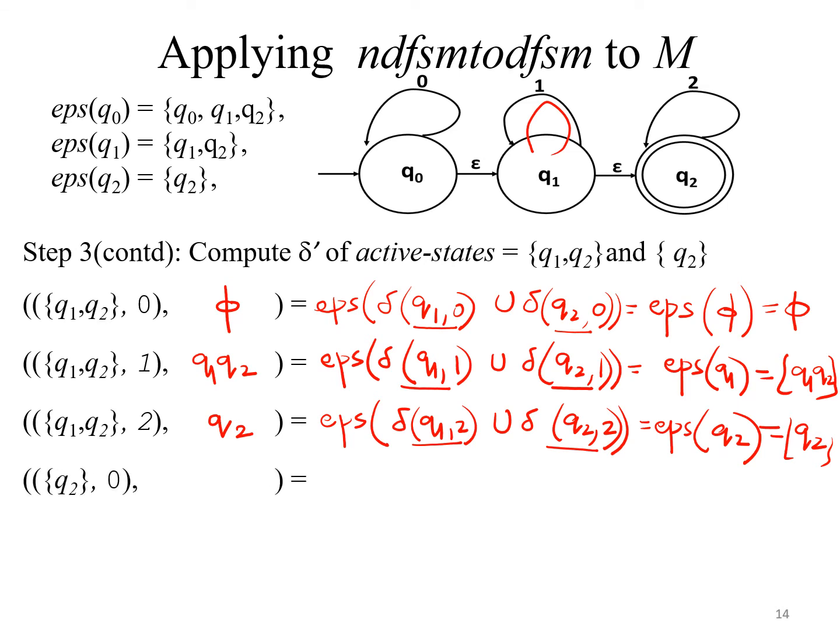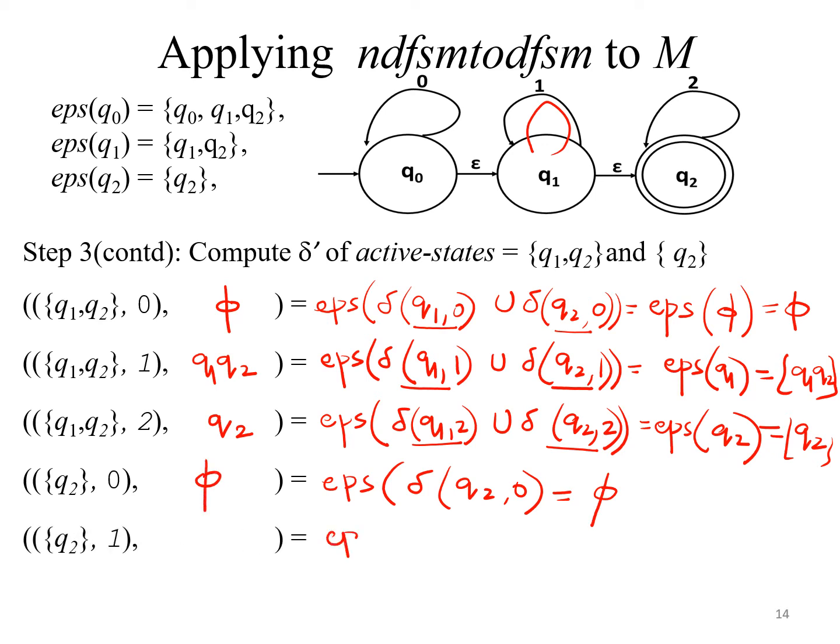Similarly, Q2, 0. Q2, 0 is EPS of delta of Q2, 0. We don't have any transition, so it is equal to null. Next, Q2, 1 is EPS of delta of Q2, 1.